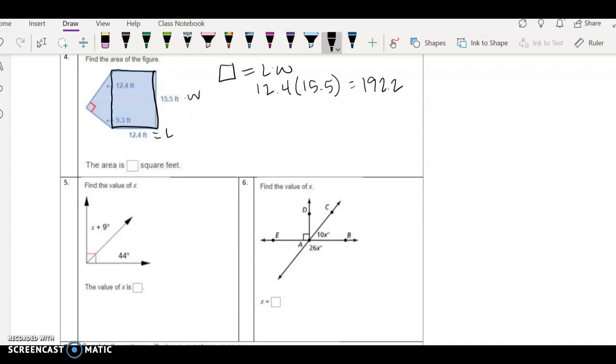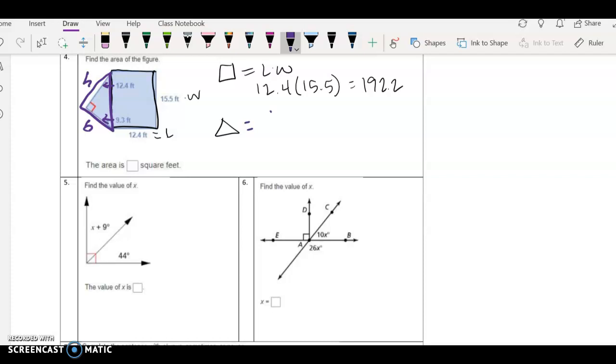Then I have a triangle. And for a triangle right here, there's actually little arrows pointing to these sides. Those are the sides that you use because this is my base and my height.